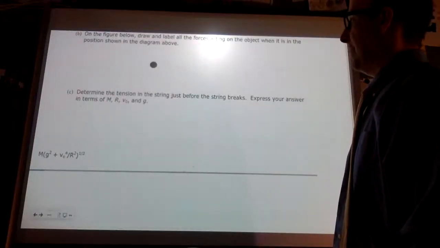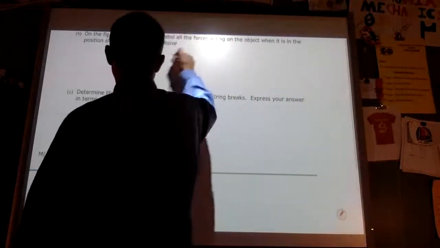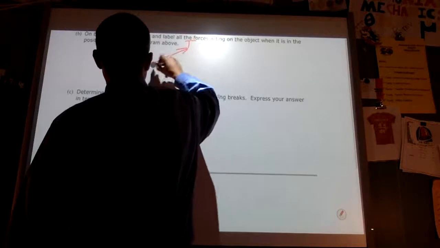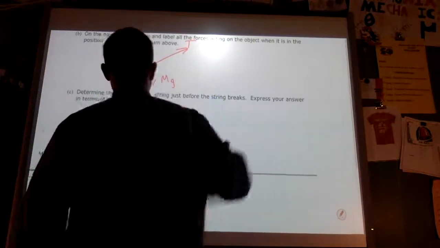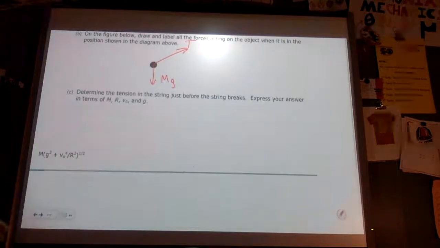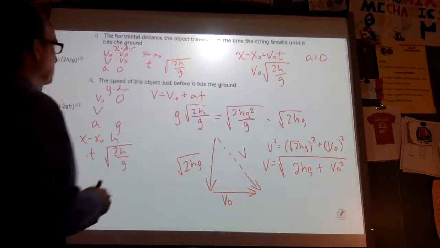The positions shown in the diagram, I have tension, and I have big mg. The angle they give us is this angle.